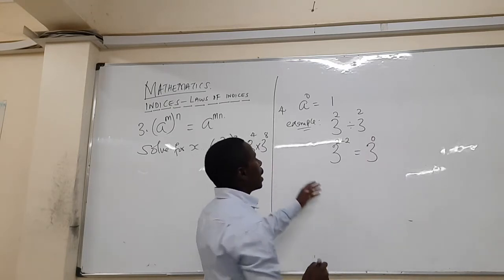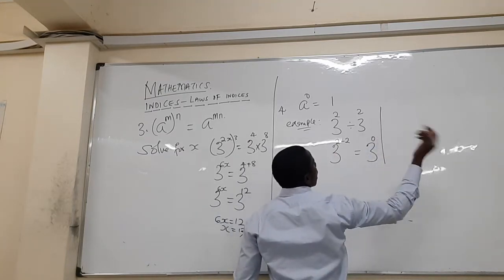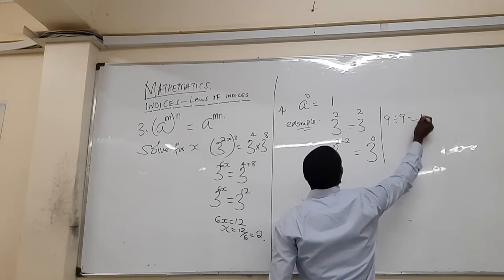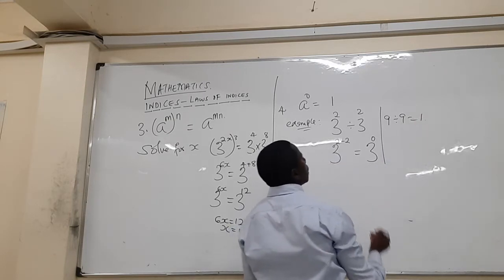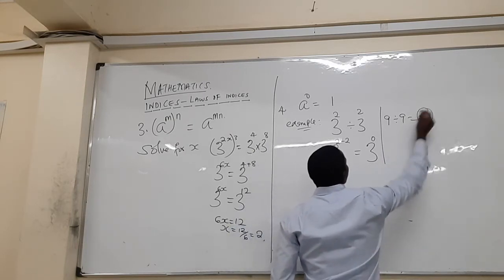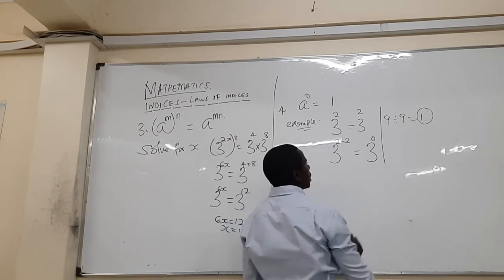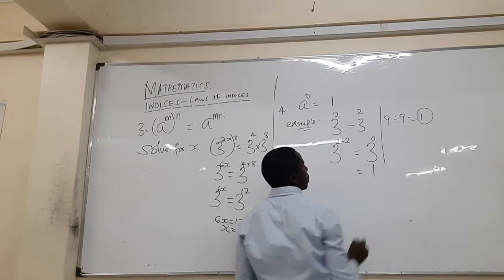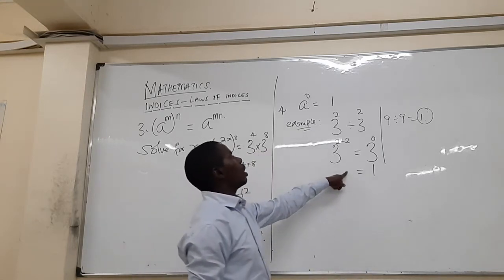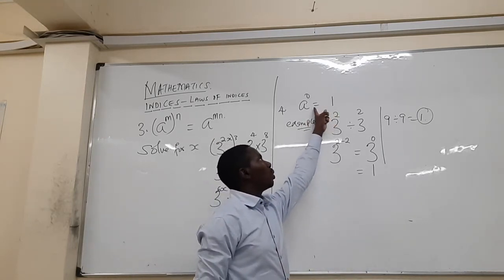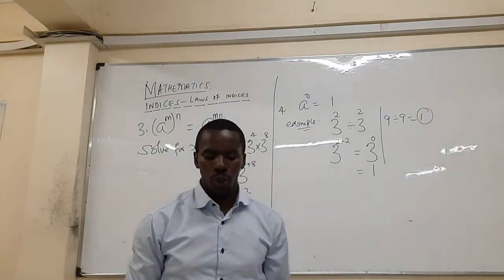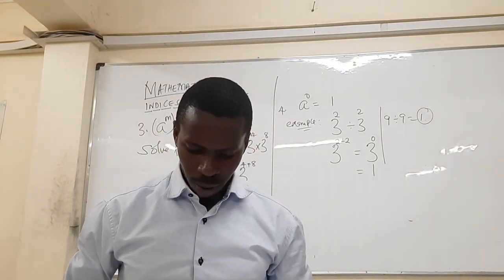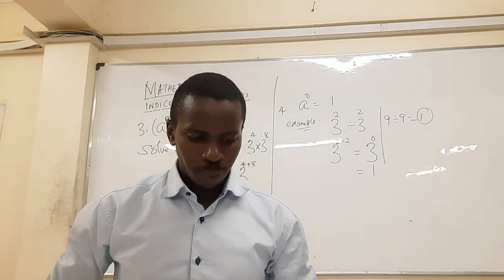Doing this question using the other method, 3 squared, that is 9, divided by 9, gives us 1. So you can say that this is represented as 3 power 0, meaning this is equal to 1. So any number power 0 is equal to 1. That is rule number 4.